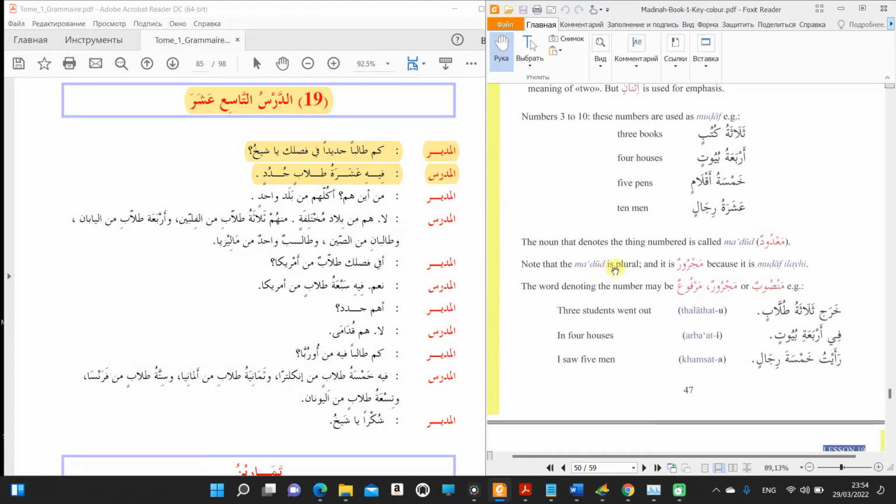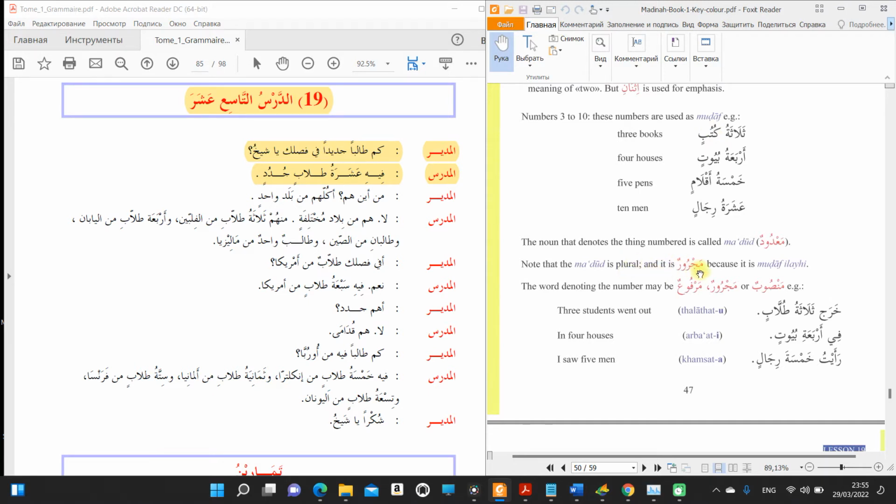So know that the معدود is plural. That's another thing to pay attention to, because we are talking about plural stuff like ثلاثة, 3, أربعة, 4, خمسة, 5, عشرة, 10. And of course, معدود, something that is numbered, takes the plural form.